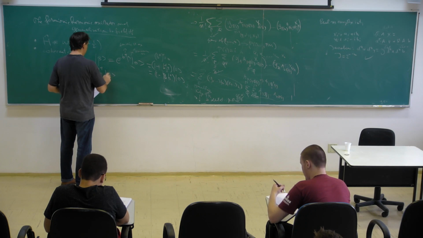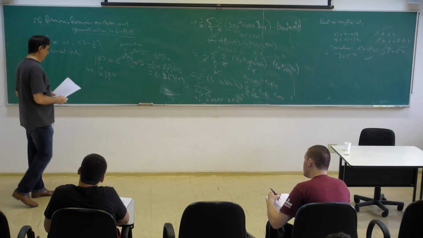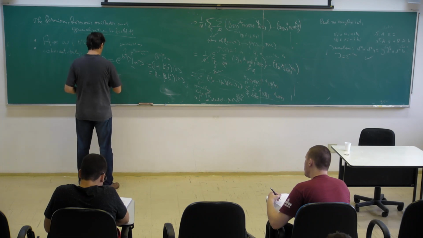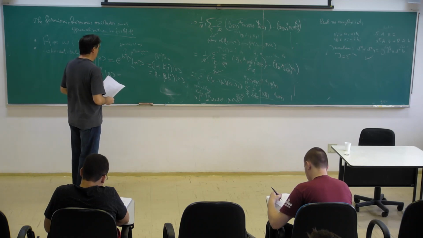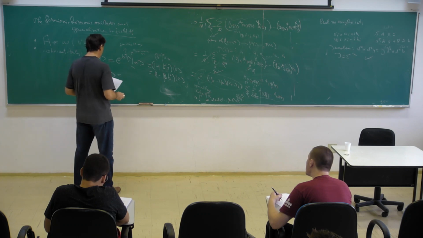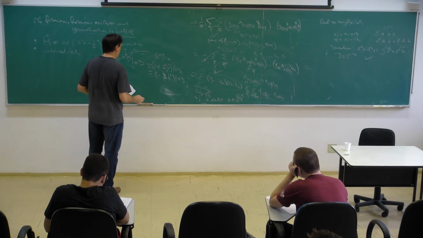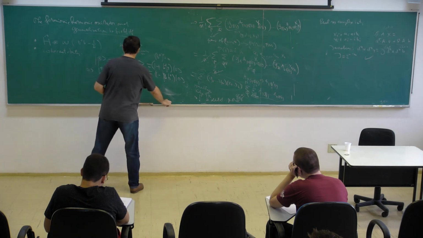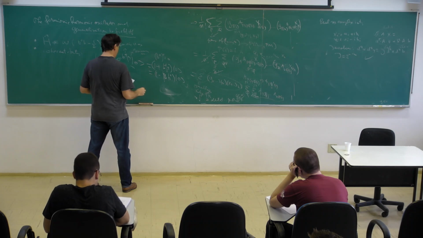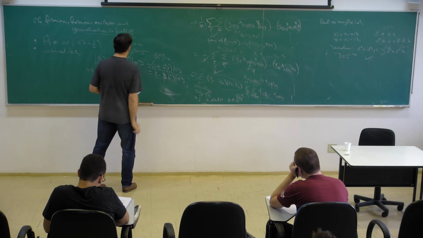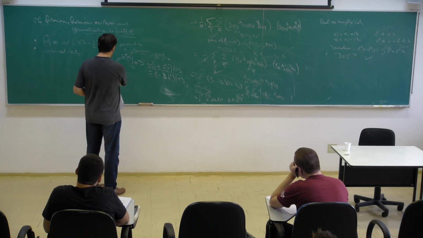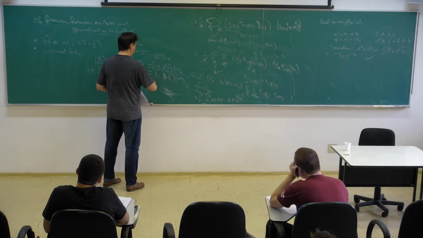And now let's see that this is an eigenstate of B. So if I act with B here, B on the first, B on 0 is 0.